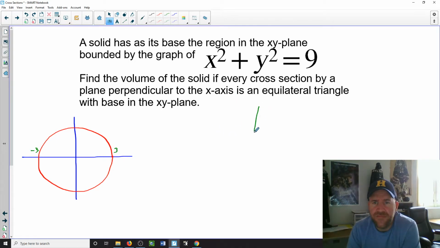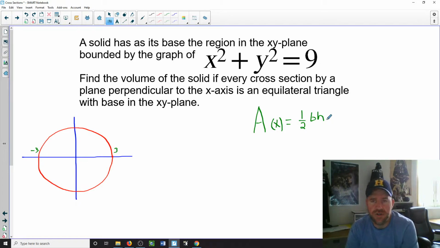Now we need to identify what our area function is. The area of an equilateral triangle is the same as any other triangle, so 1/2 base times height. Now we have the area. Now we need to identify what the b and the h are.